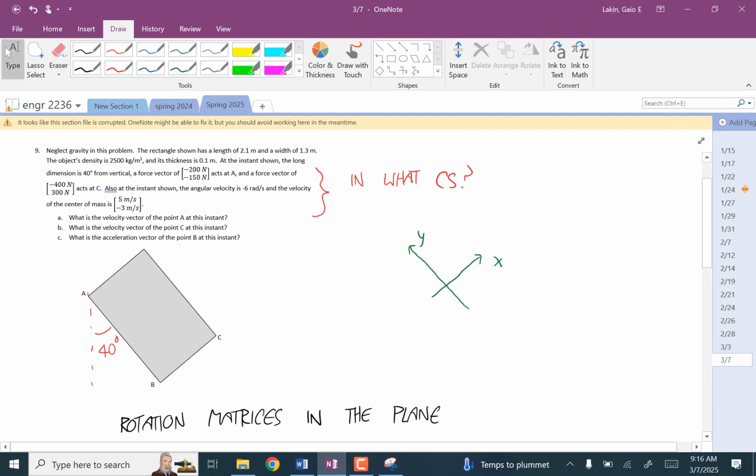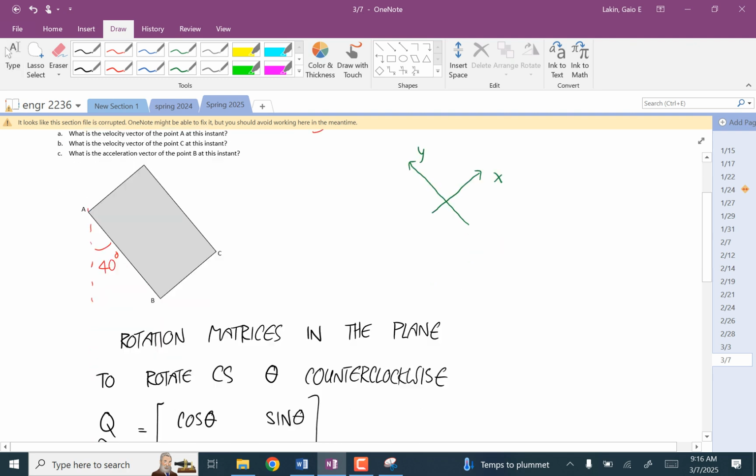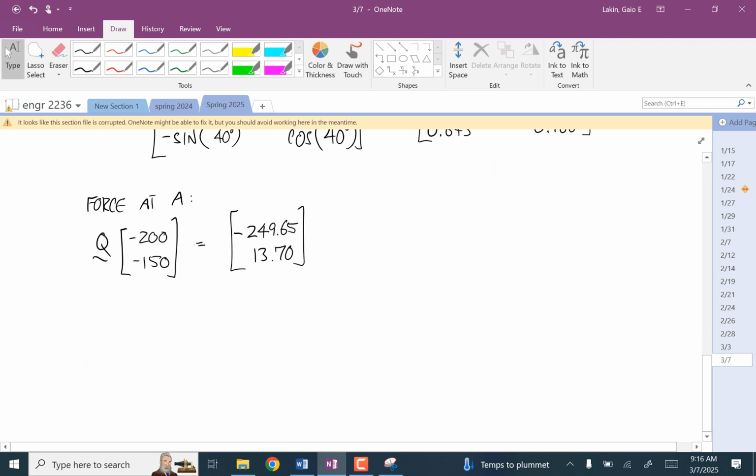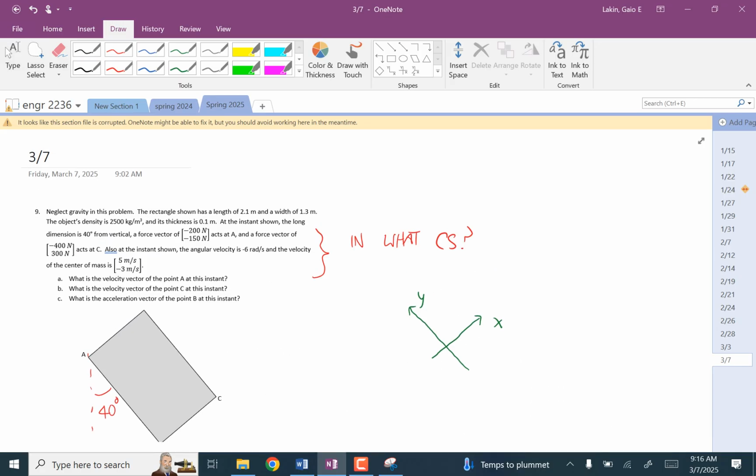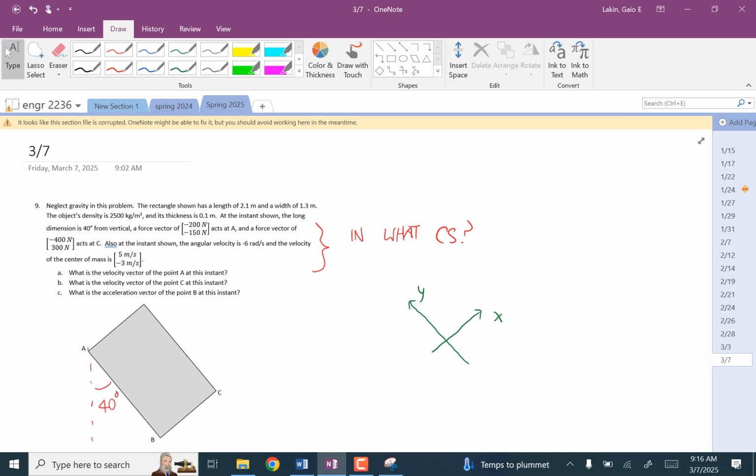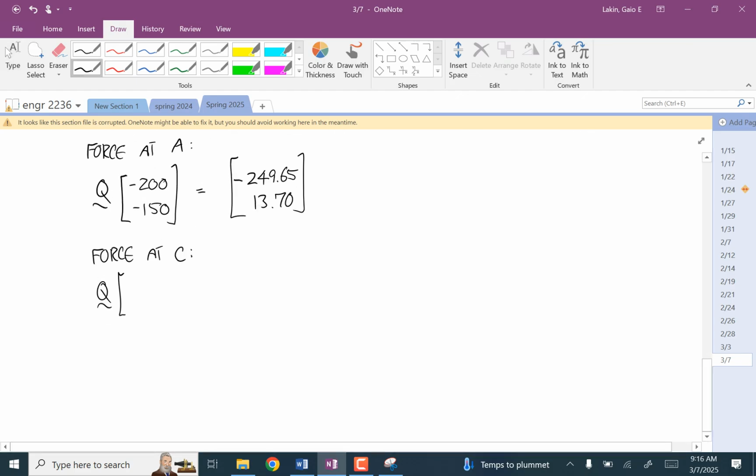And then the one at C is Q times negative 400, positive 300.